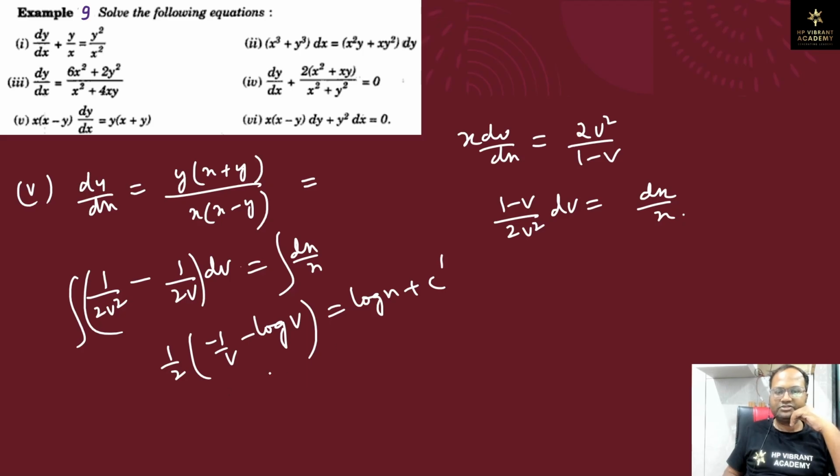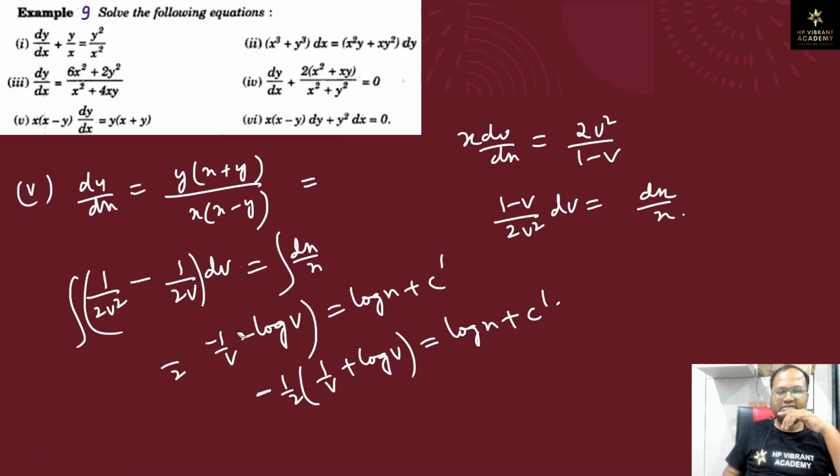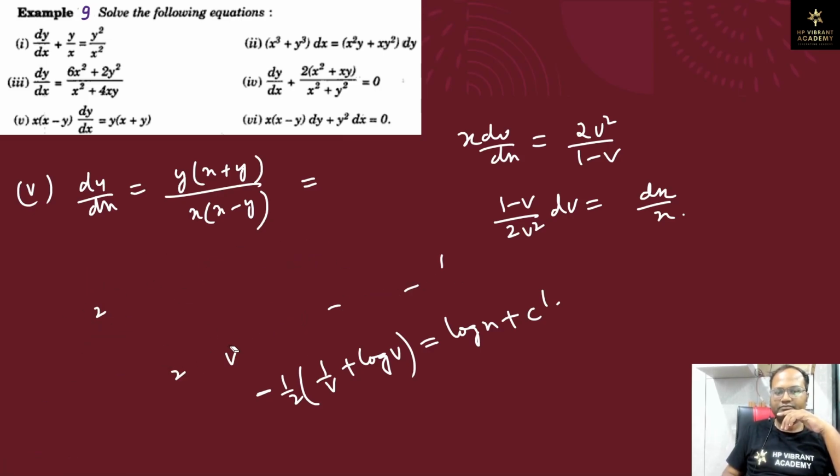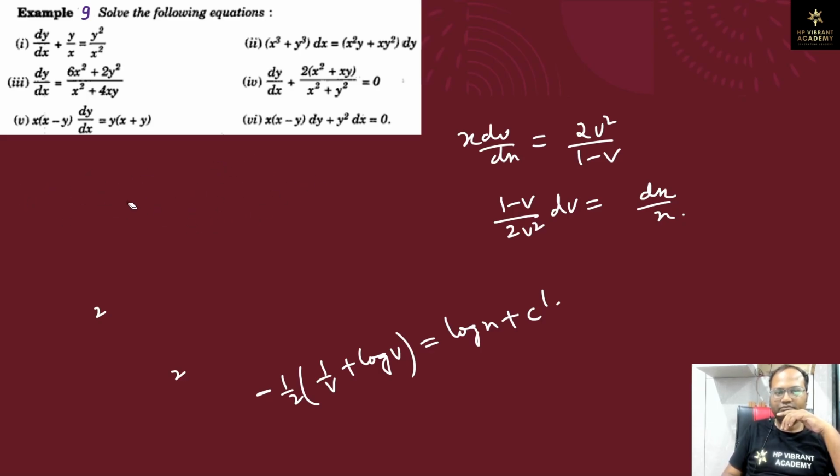Let's take this as c dash. So from here we get minus 1/2 times 1/v plus log v is equal to log x plus c dash. Let us further simplify this. This is minus 1/2, this is x upon y plus log of y upon x is equal to log of x plus c dash.